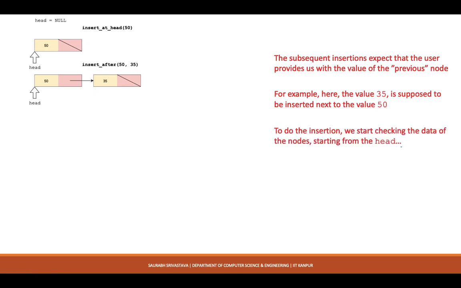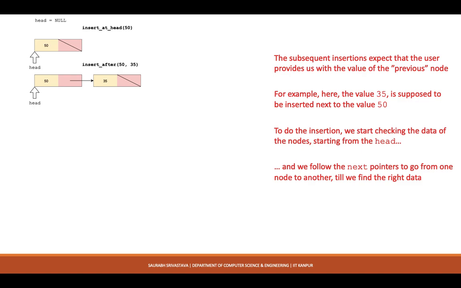And to do this particular insertion, the way we do it is something like this. You start from the head of the list. You check for the appropriate data. Here in this case, the appropriate data is 50, and then you keep on following the next pointers, right? Basically here I find it straight away, but this is the idea, that you keep on following these next pointers and going to the next node in the list until you find the right node, right?